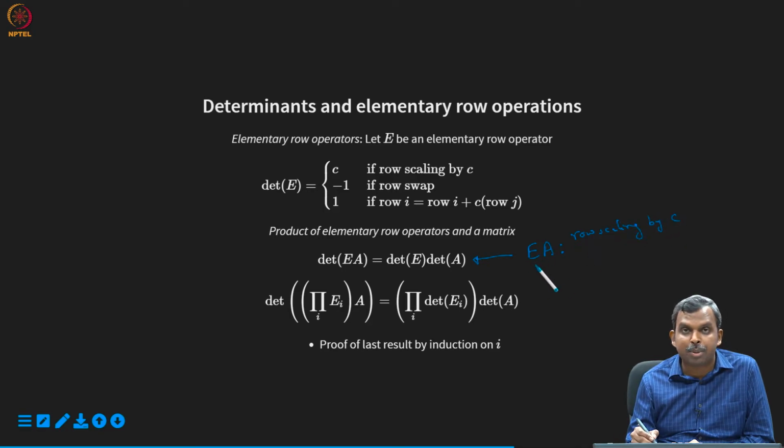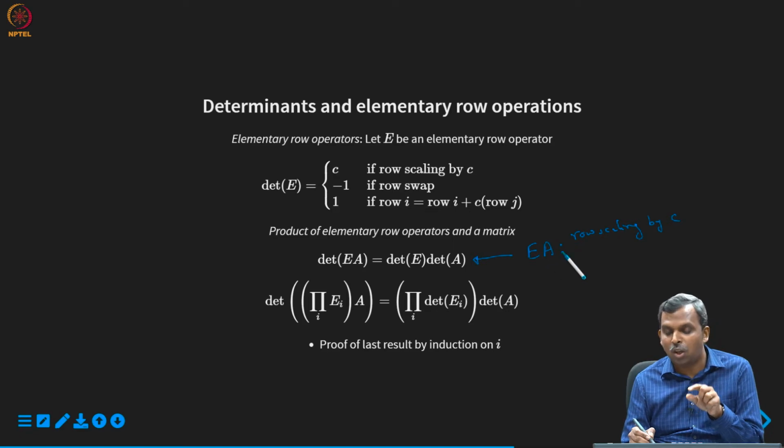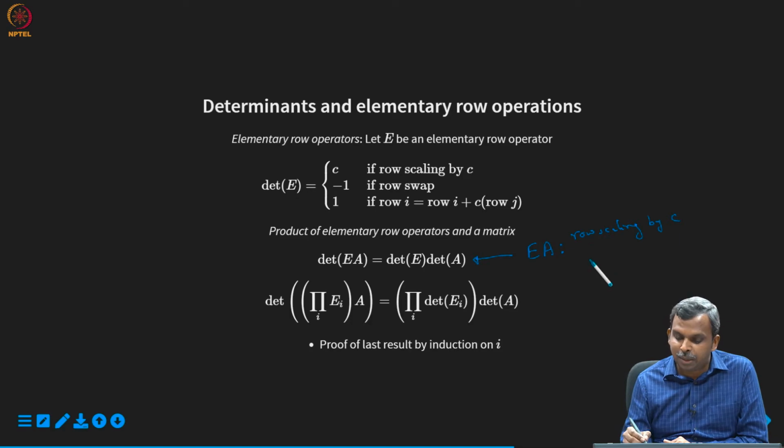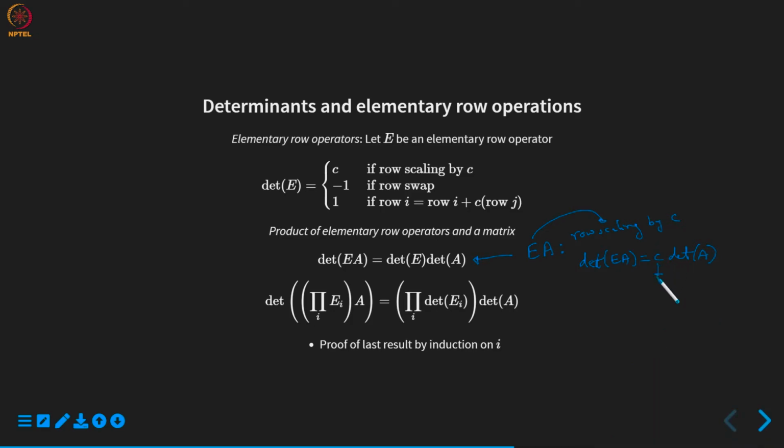If E represents the row scaling by C, what is EA? EA is basically that operation done on A. If you do row scaling by C, row 1 is multiplied by C. EA is simply that row scaling by C. So you know that determinant of EA when you do row scaling by C is going to be C times determinant of A. But what is C now? If E represents row scaling by C, this C is actually the determinant of E.